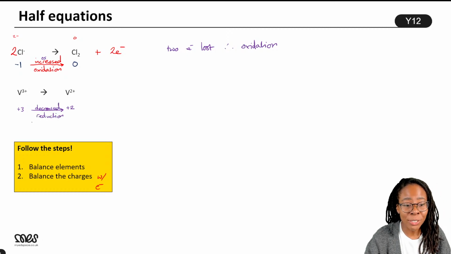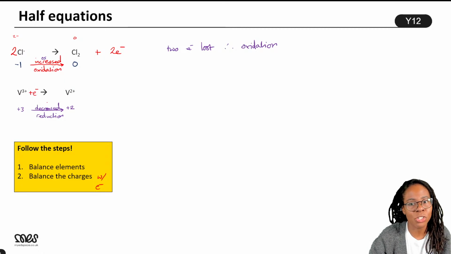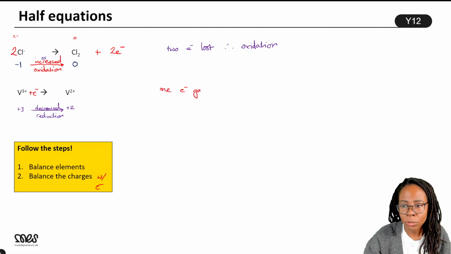And you're absolutely right, Chinwendu. In terms of balancing this half equation with electrons, we'd need to add 1 electron on the left-hand side to balance the charges. And again, we can see this is also reduction in terms of electrons, because 1 electron gained, therefore reduction.